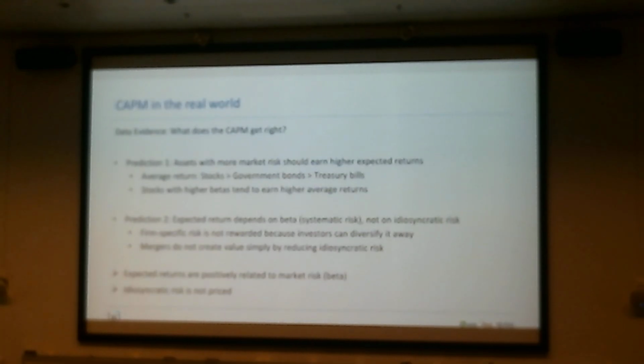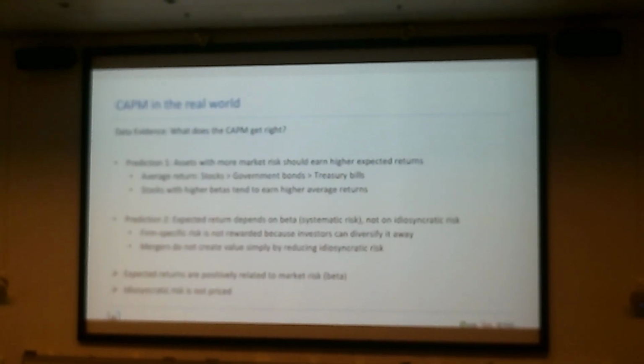The returns on stocks were much higher than the returns on government bonds, which are still higher than the returns on treasury bills. Treasury bills are US 3-month government bonds. So this is basically the safest asset on earth. So that's definitely true. Stocks with a higher beta tend to earn higher average returns.